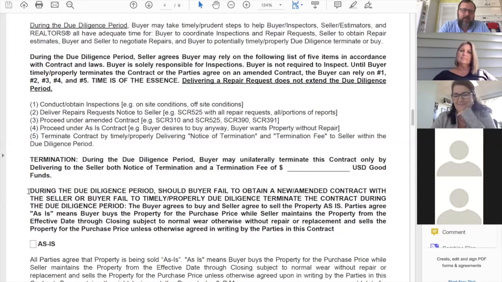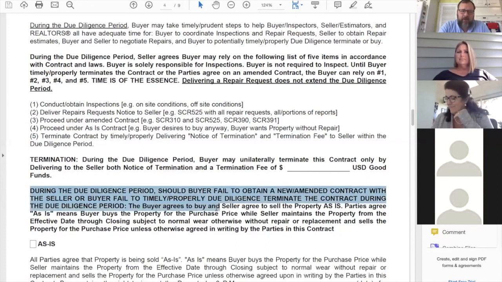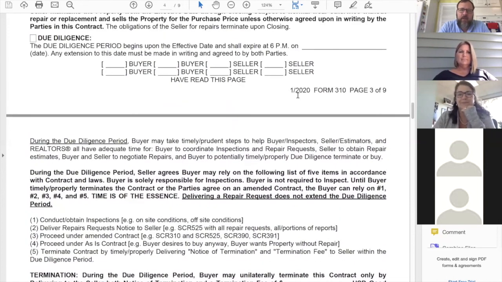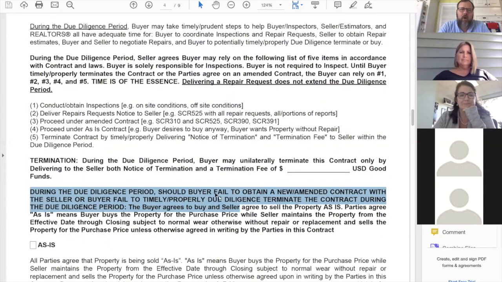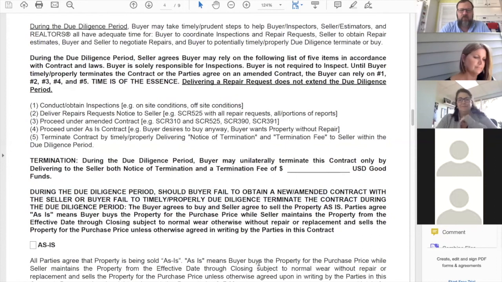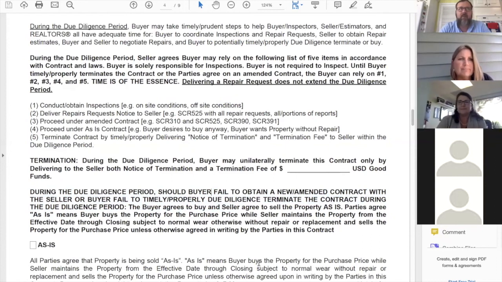It does highlight right here very clearly, if by this date up here at the bottom of page 3, 6 p.m. happens, you automatically are moving to as is. So, for instance, we just had a situation where we're in due diligence, negotiating back and forth.